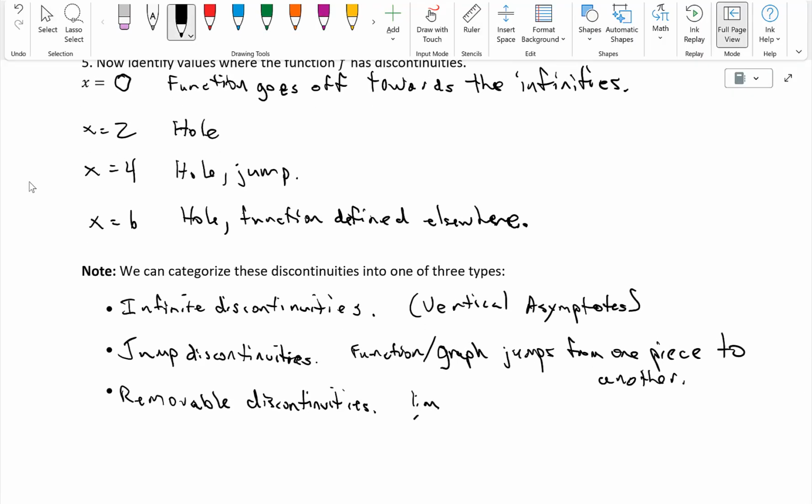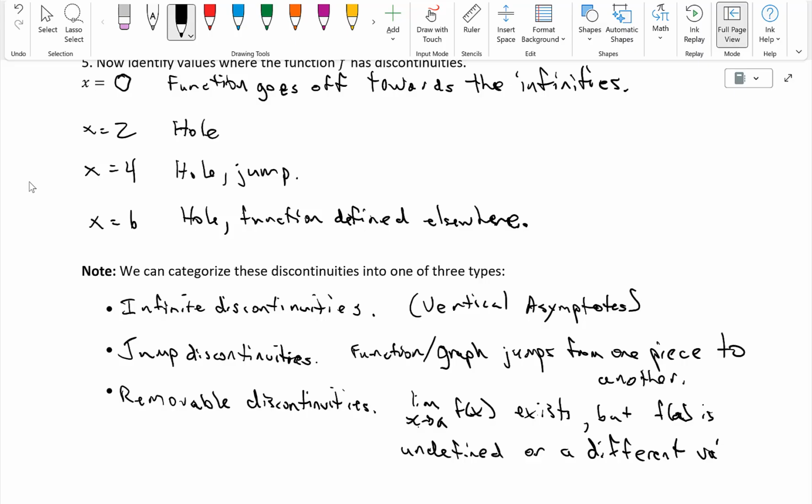Our limit as x approaches a of f of x exists, but our function value f of a is undefined, like we saw around 2, or a different value, like we saw around 6. Right, so undefined here was at x equals 2 above, and a different value was where x was 6 above.